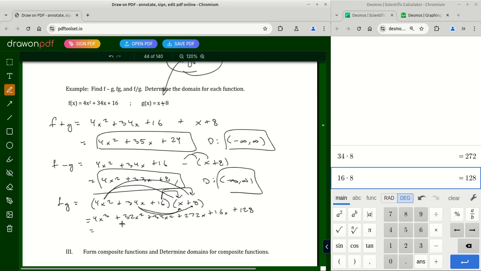Combine like terms. That means like these two and these two. 66. 288.